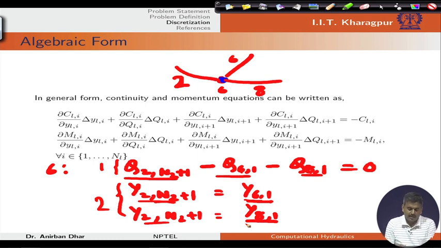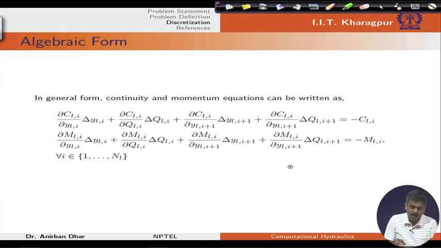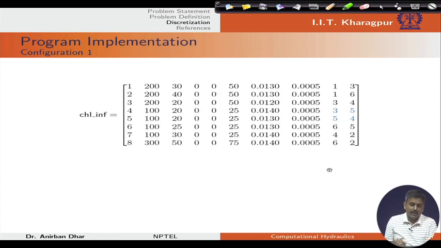So, we can write the elements of the Jacobian matrix from this calculation. After getting these elements, we can construct the total Jacobian matrix and get the solution out of that. But for implementation purposes, we need to input certain information in a certain format.